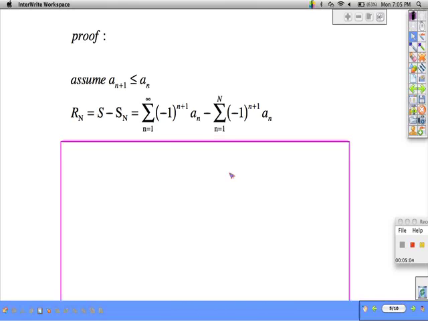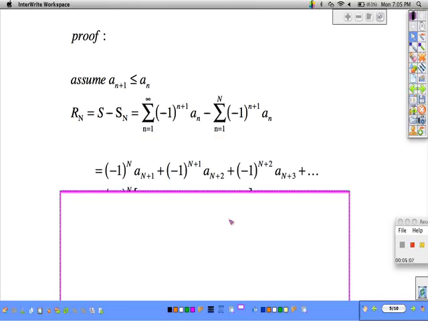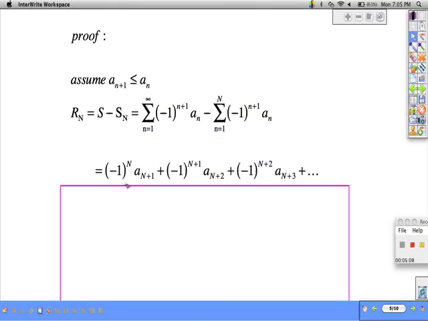And if I write out terms and write what I'm left with, I get this progression of terms, starting with the n plus first term, the n plus second, the n plus third. And I believe these powers are off by just a little bit. This should be n plus 2, because n plus 1 is what I'm plugging in. This would be n plus 3, n plus 4.